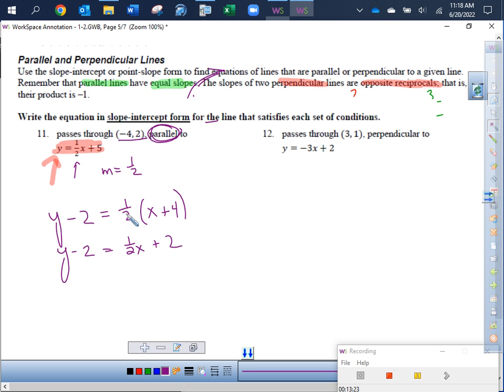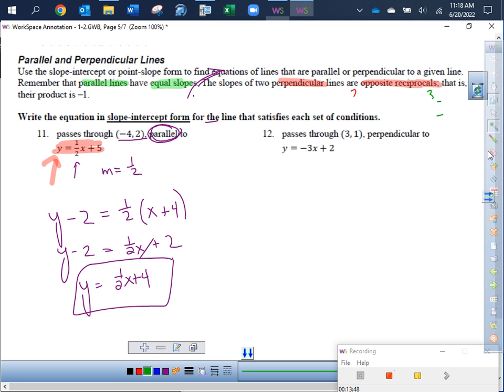Or you could say 2 goes into 4 twice, take that times the numerator. Or you could punch it in your calculator like I showed you earlier. Then I've got to finish by adding 2 to both sides, because we've got to get y all by itself. We like it when y is all by itself. If I asked you to graph this, you could do it, and it would be parallel to this line because they have the same slope.